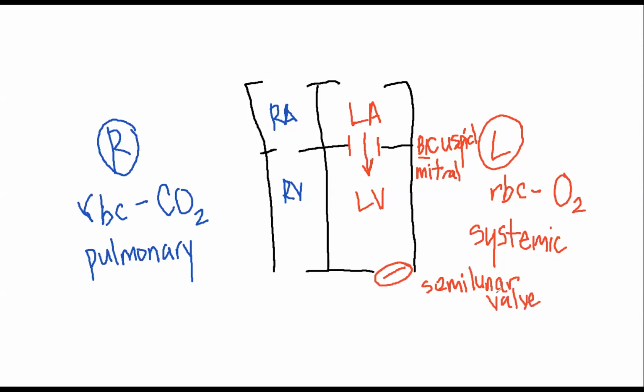Now, if there's a semilunar valve on this side, there's also a semilunar valve on the other side. Just keep that as a mental note there. Now, the blood goes through the left ventricle, through this semilunar valve into a very large artery, the largest artery in your body, and that artery is called your aorta.